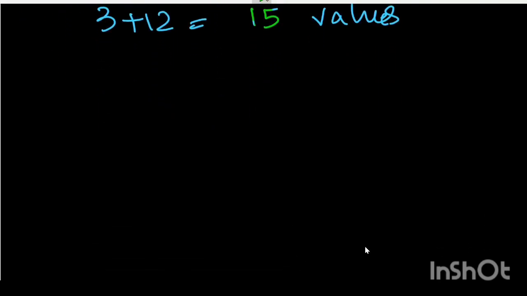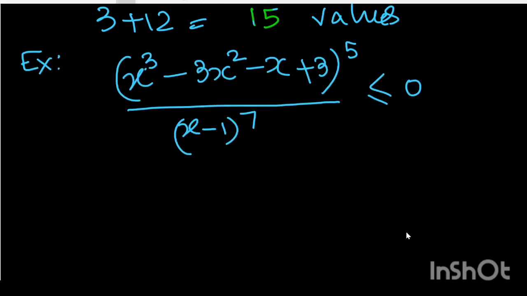Let's take another example. So guys, (x cube minus 3x square minus x plus 3) whole to the power 5 upon (x minus 1) to the power 7 less than or equal to 0. This is a cubic, and a cubic we generally factorize by rearranging the terms, or by finding a root by factorizing the constant term.